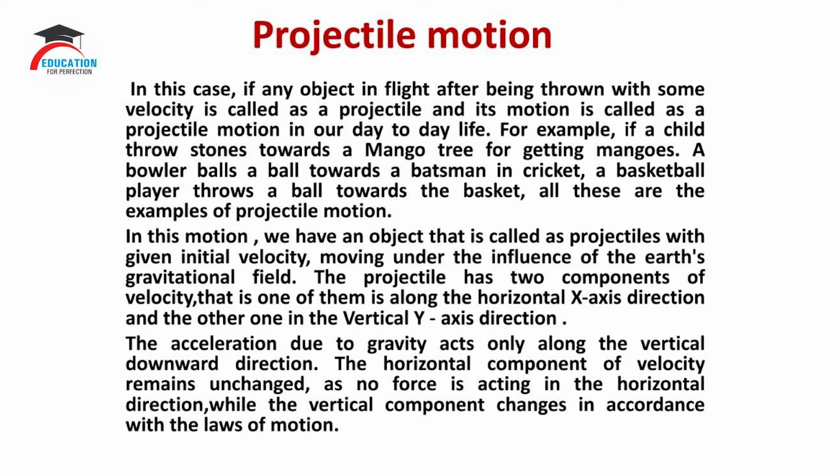The acceleration due to gravity acts only along the vertical downward direction. The horizontal component of the velocity remains unchanged as no force is acting in the horizontal direction, while the vertical component changes in accordance with the laws of motion.